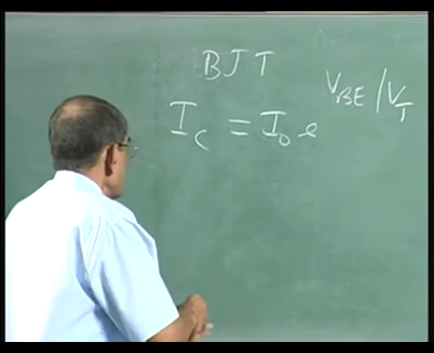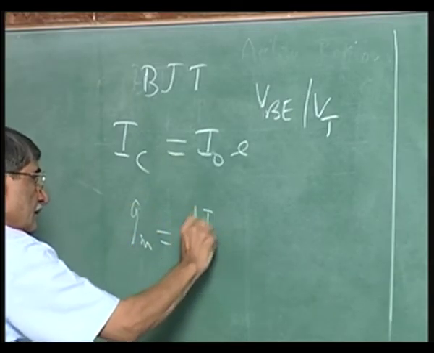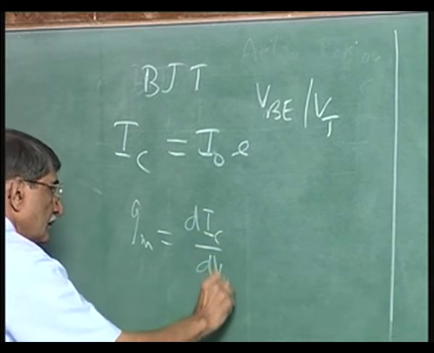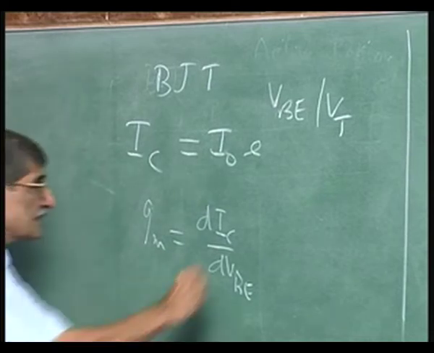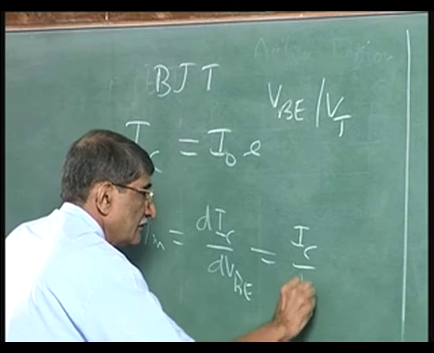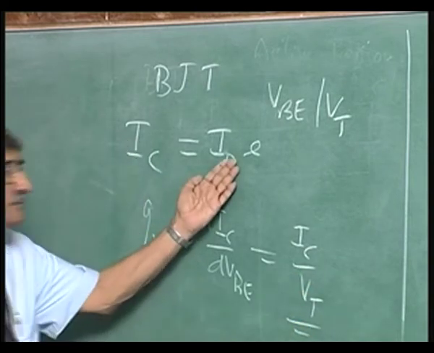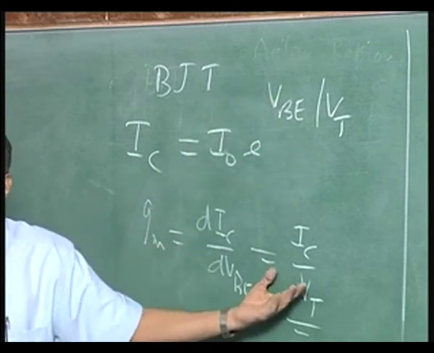Now, you can see what GM is: the output current change for a given change in voltage. That is actually equal to IC by VT. Delta I by dV is again IC by VT.